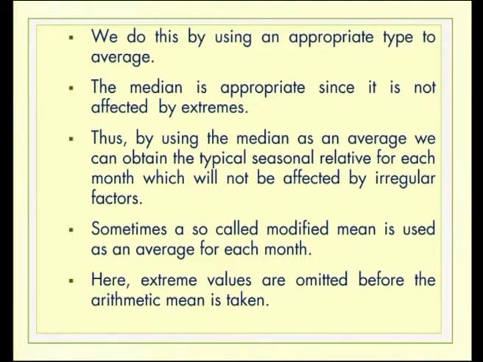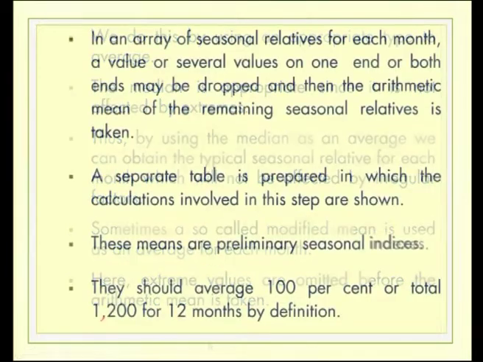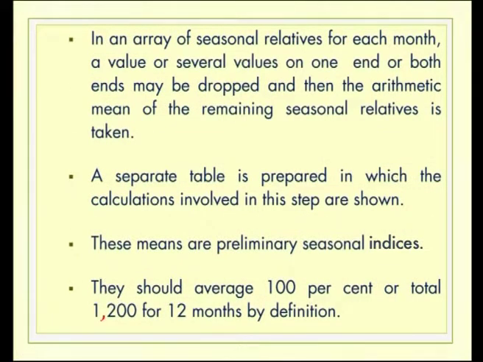Sometimes the so-called modified mean is used as an average for each month. Here extreme values are omitted before the arithmetic mean is taken. So, in an array of seasonal relatives for each month, a value of seasonal values on one end or both ends may be dropped, and then the arithmetic mean for the remaining seasonal relatives is taken.